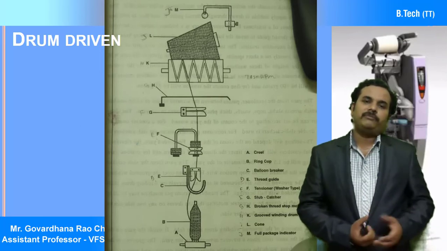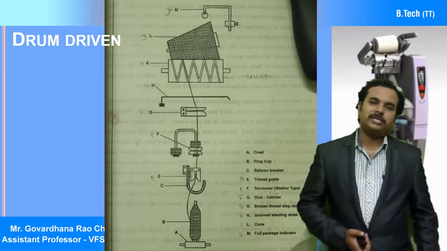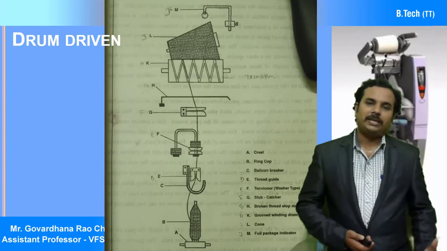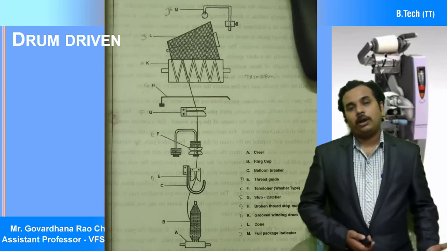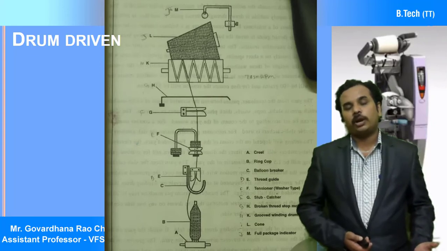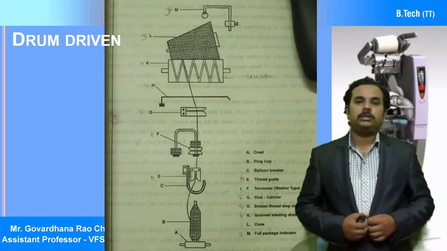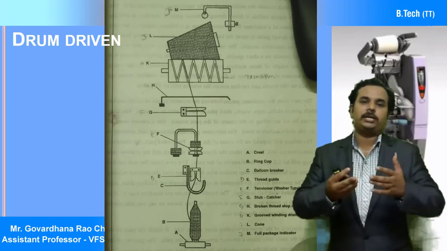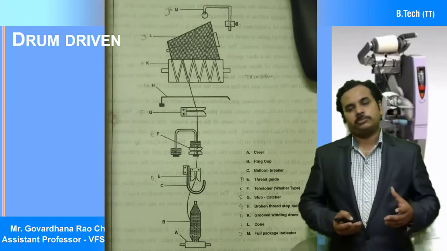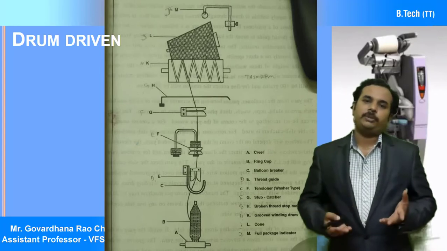Now how many minutes are required to unwind the total amount to be transferred from the ring cop to the package? That is approximately 20 minutes.